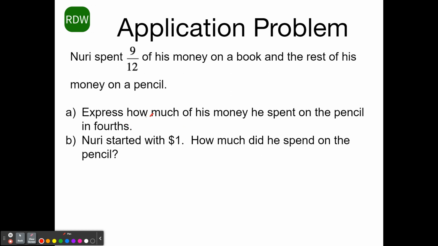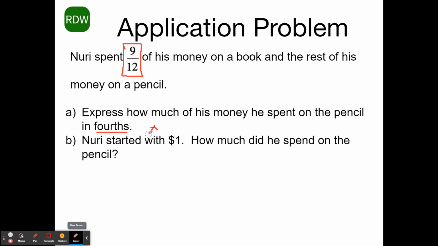So we're trying to figure out how many fourths are in the fraction that he spent. He spent 9/12 of his money. How can we write 9/12 as fourths? So in other words, what is equivalent?